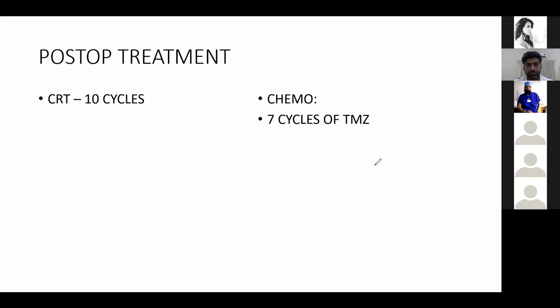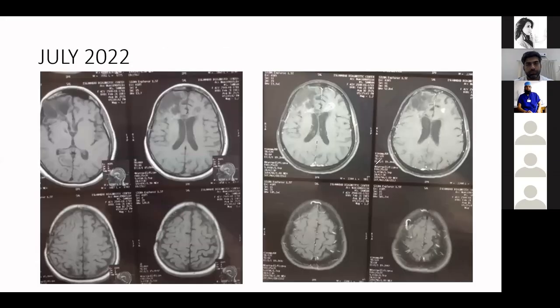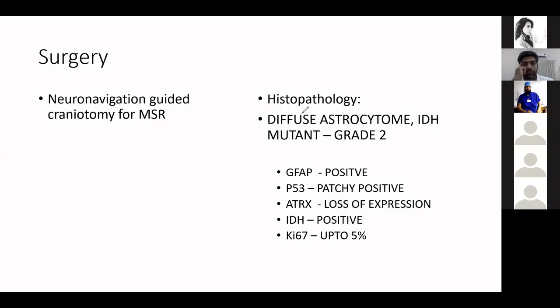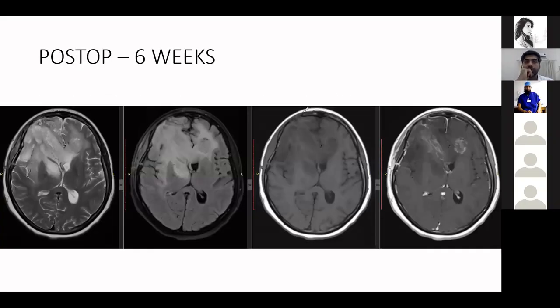So this is her post chemo and radio MRI. I'm sorry to interrupt. Can you explain what you mean by 10 cycles with CCRT? Chemoradiotherapy, basically.